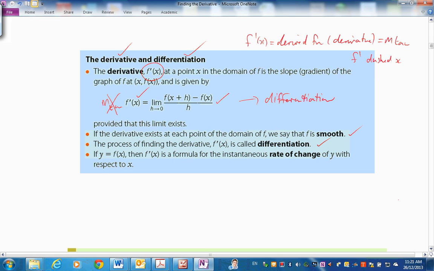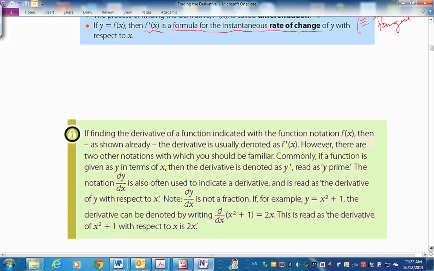If y equals f of x, then f dash x is a formula for the instantaneous rate of change, because we know that's equivalent to the slope of the tangent. This was Newton and Leibniz's conclusion. If we want the instantaneous rate of change, we want the slope of the tangent at a point. So we're getting some language and some notation to make it neater, and that's good mathematical language now. Let's go down and have a look at a little bit more of a development here.